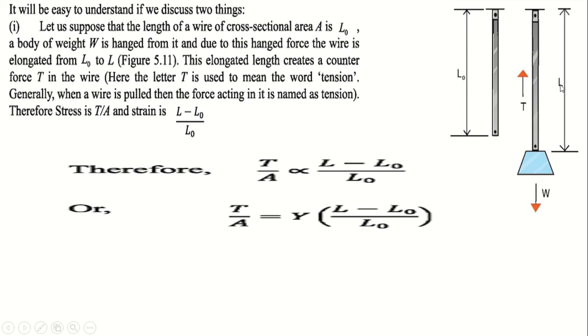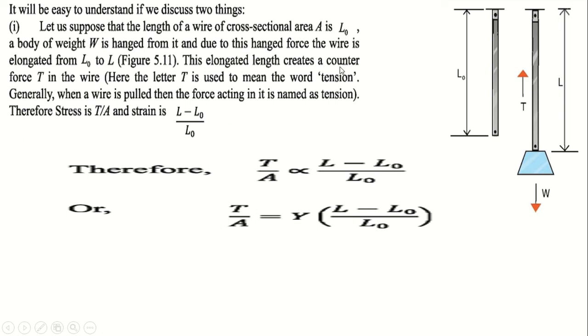That means deformation occurs here. The wire becomes deformed. So when the applied force is removed, the string will return to its original shape. That means its length will again be L0.